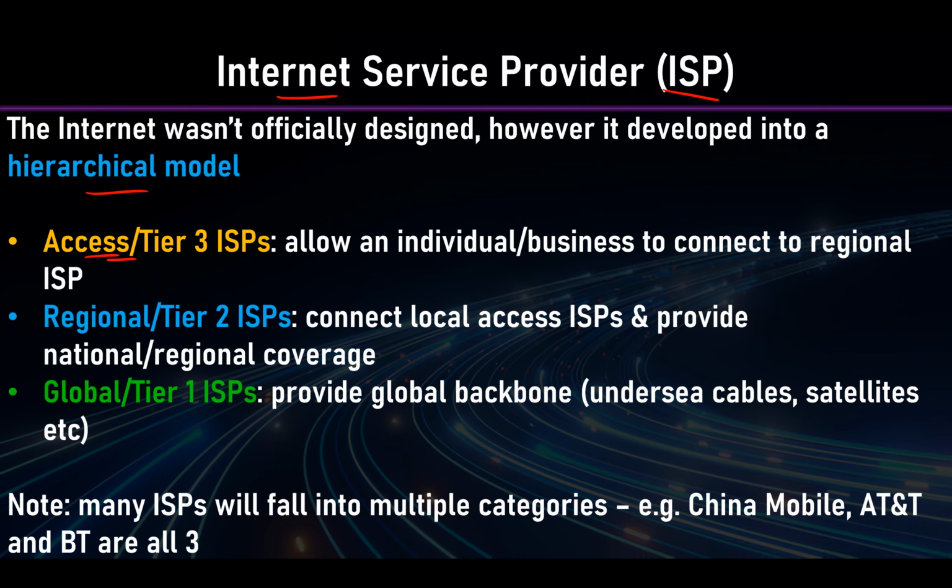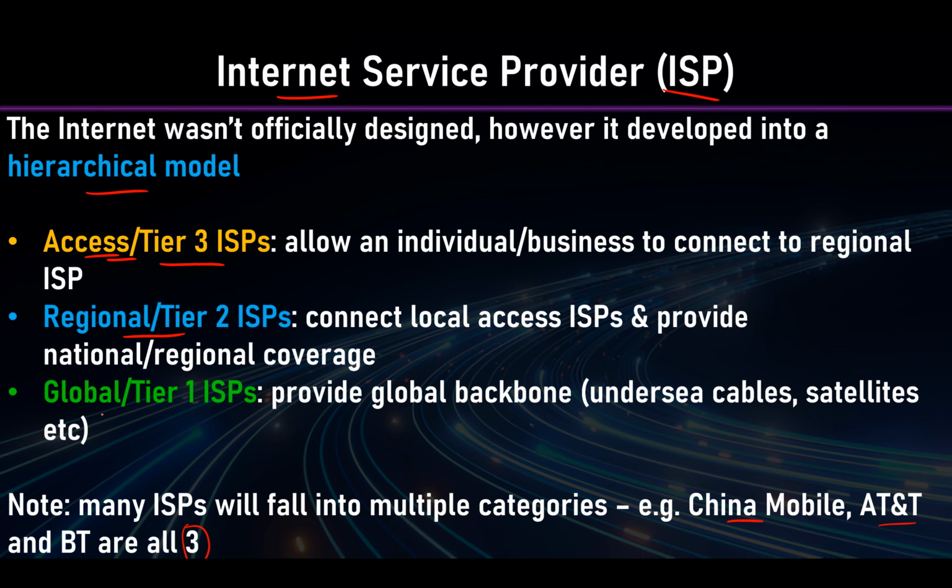Now, many ISPs will actually fall into multiple categories. Let's say China Mobile, AT&T in America, BT in the UK. These ones are going to be all three. You can buy your monthly internet package from these companies, so not only do they allow you to connect to the local infrastructure, but they also own the national or regional infrastructure.